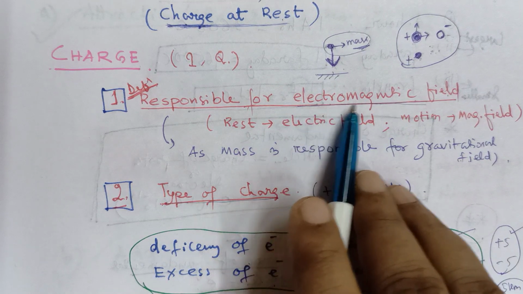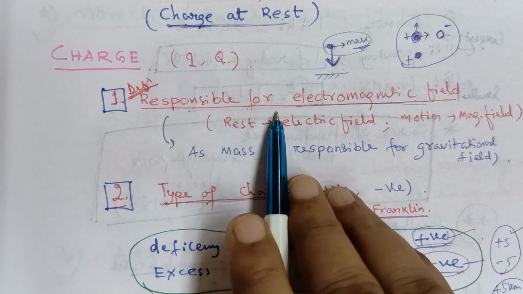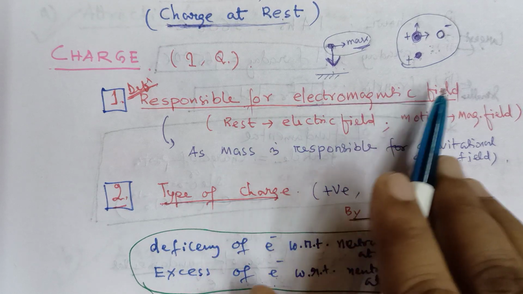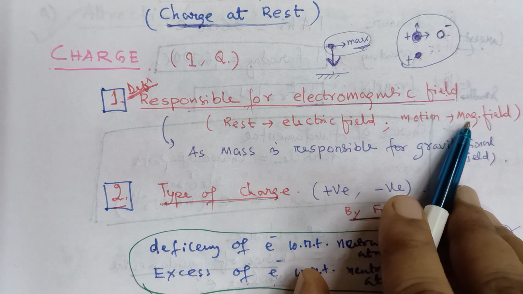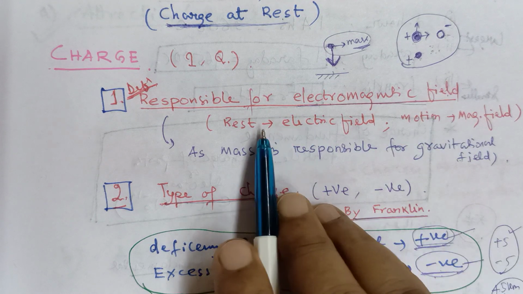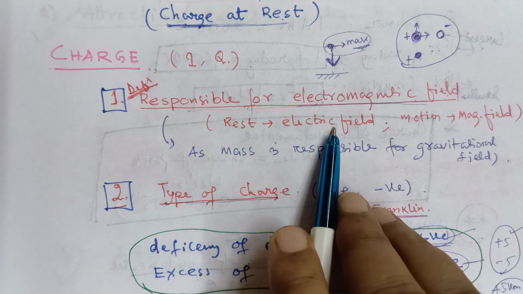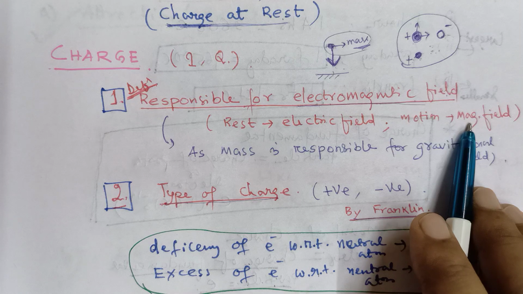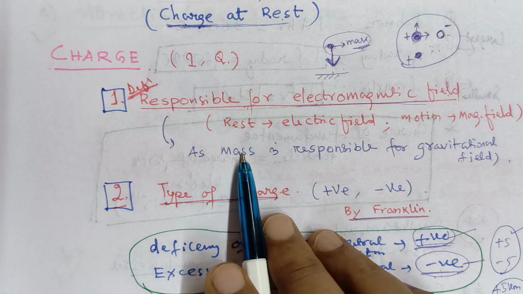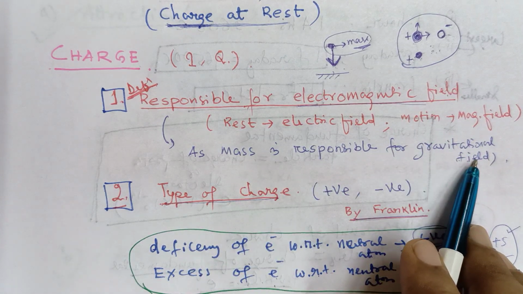Or combinedly, we can say that charge is the source of the electromagnetic field. It can be a source of electric field, and also of magnetic field. When it is at rest, only electric field exists. When it is in motion, then magnetic field also exists. But in case of mass, gravitational field exists.